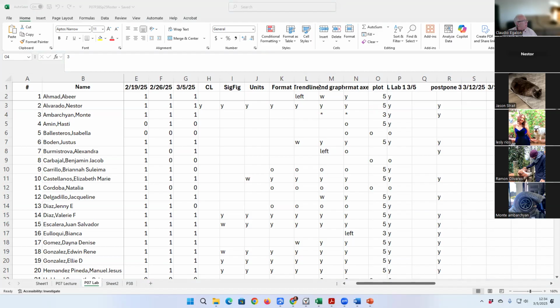Did you plot all the five equipotentials, Monte? You're finished. Format axis, second graph, trend line, format of the trend line, units. Did you get the TL2? Okay, thank you.